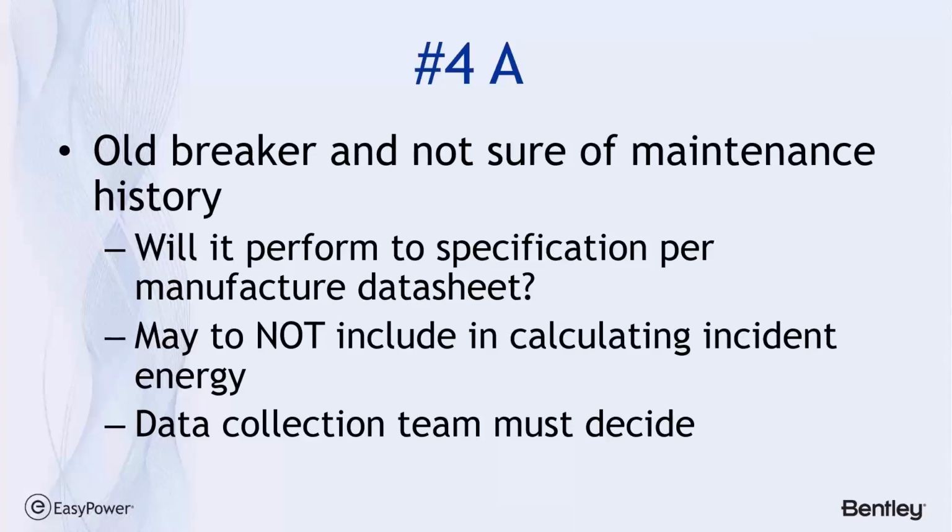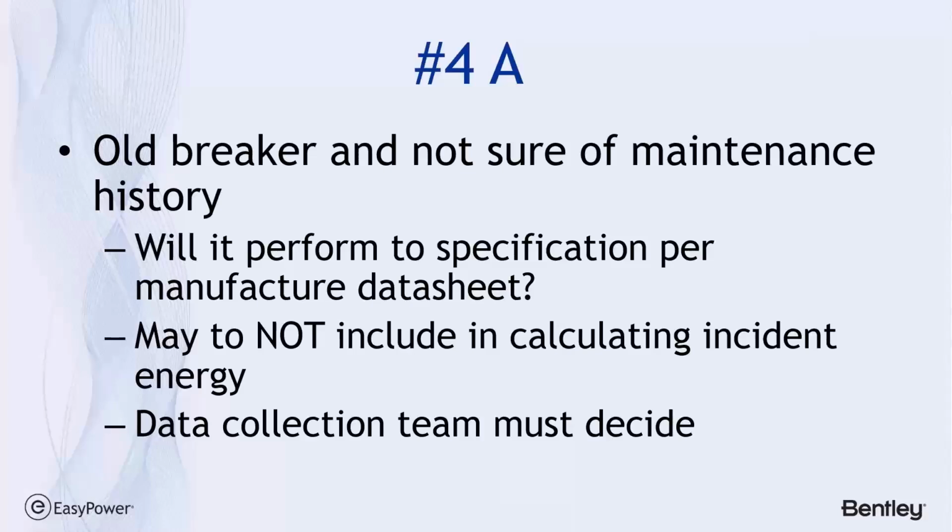And if they're looking at a switchboard or a breaker that hasn't been exercised in 6 years or 10 years, and it's doubtful that it's received maintenance during that time frame, there's a fairly good chance that that breaker may not operate when needed. And so the data collection team should indicate that.